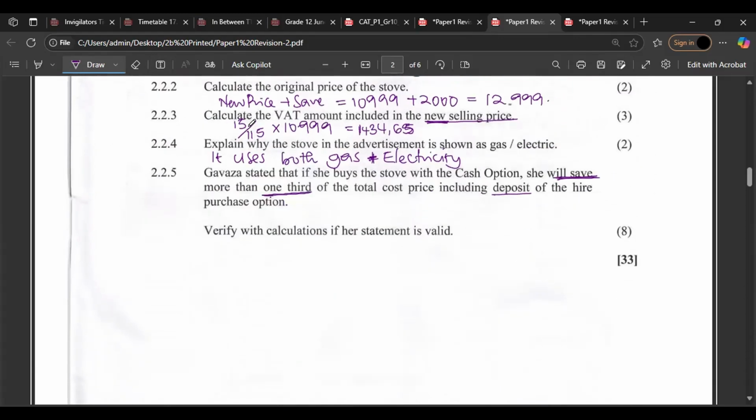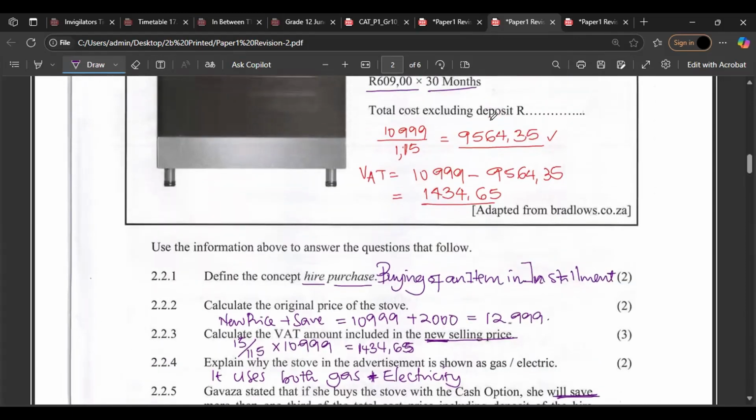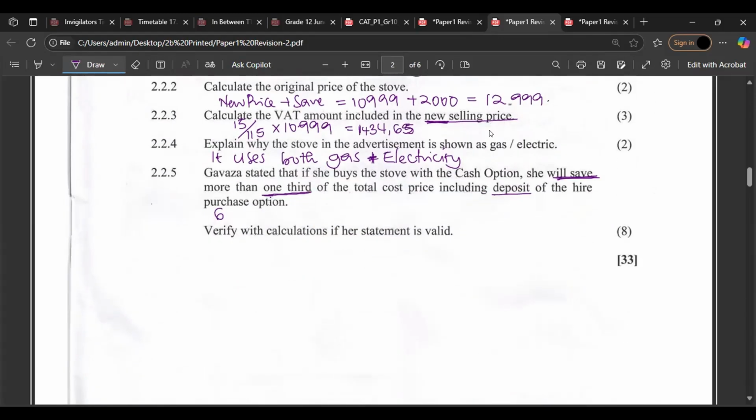So first and foremost, let's take that monthly money, which is 609 times 30. How much is it? 609 times 30. Yeah, it's 18,270.